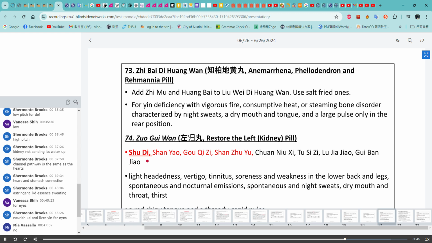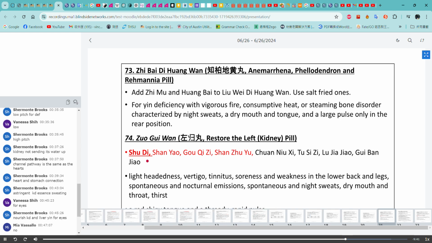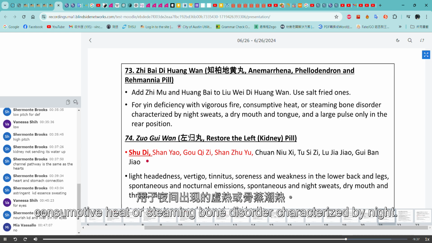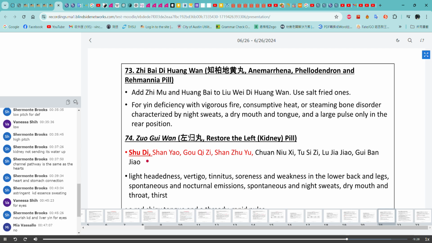Zhi Bai Di Huang Wan. Add zhimu and huangbai to Liu Wei Di Huang Wan. Use salt-fried ones. For yin deficiency with vigorous fire, consumptive heat, or steaming bone disorder characterized by night sweats, a dry mouth and tongue, and a large pulse only in the rear position. Zuo Gui Wan.